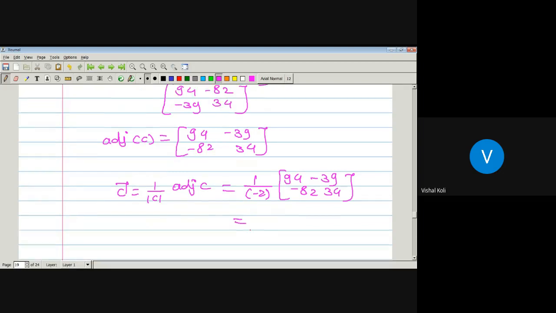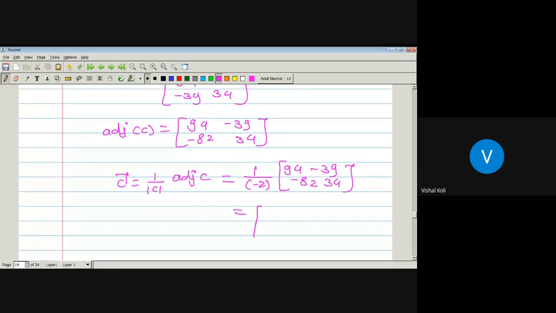Just multiply by minus 1 by 2 to each term: 94 divided by minus 2 is minus 47, minus 39 divided by minus 2 is 39 divided by 2, minus 82 divided by minus 2 is plus 41, 34 divided by minus 2 is minus 17.